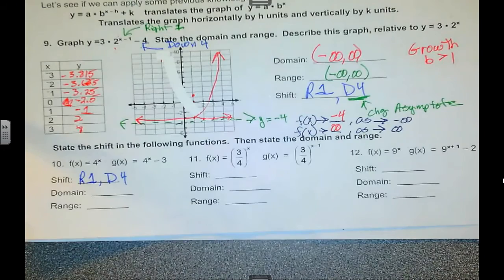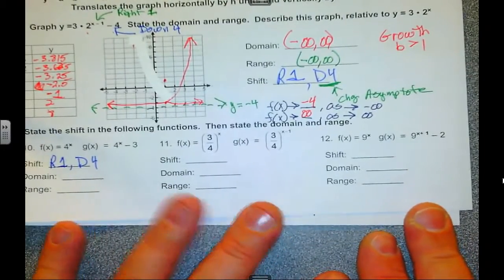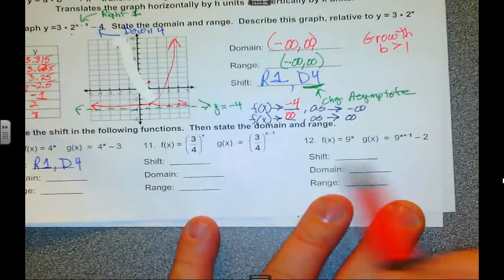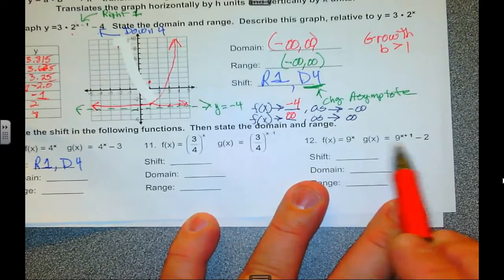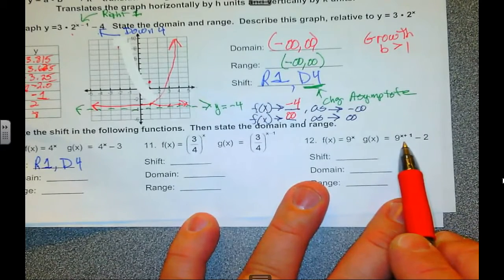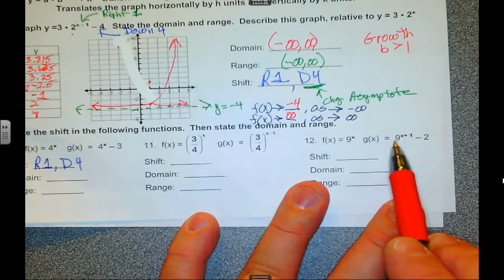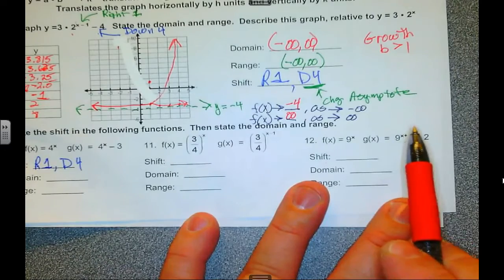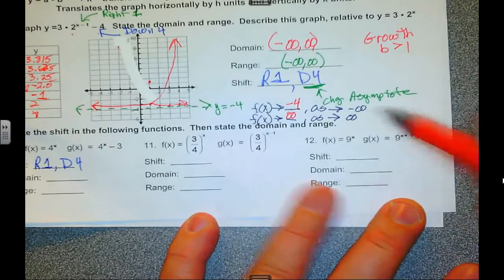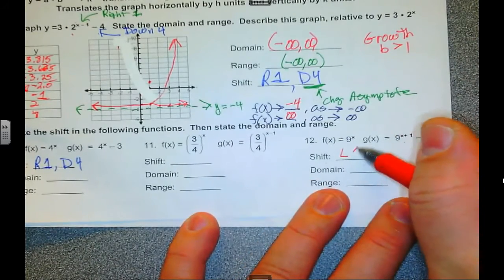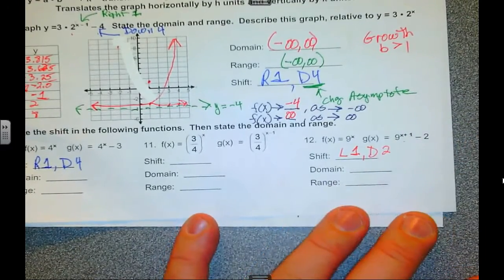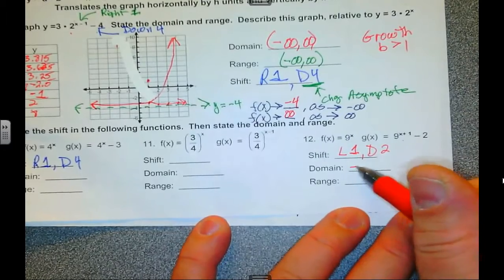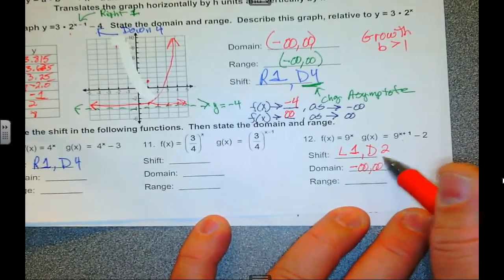Okay, want to do some shifts real quick? Let's do number 12. Shift. How do I get from here to here? What are my shifts? Left 1 and down 2. What's my domain? Negative infinity, positive infinity, right?